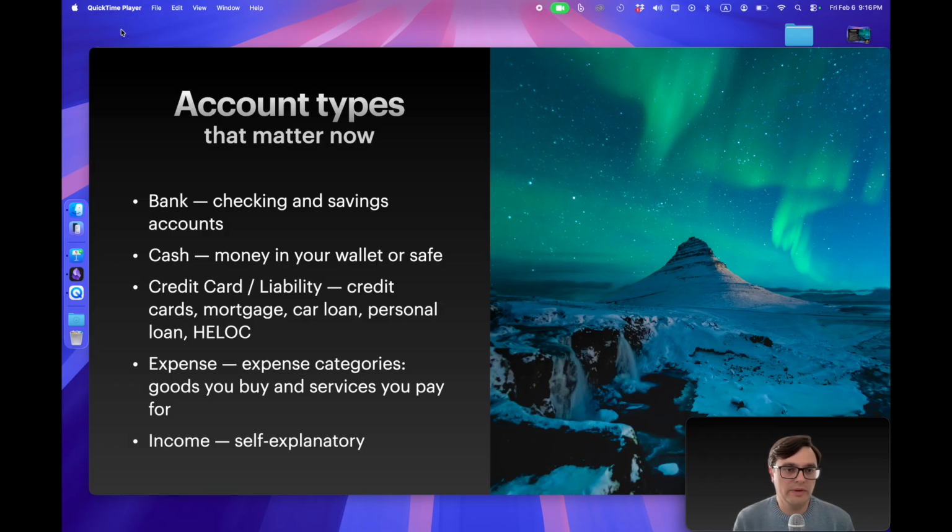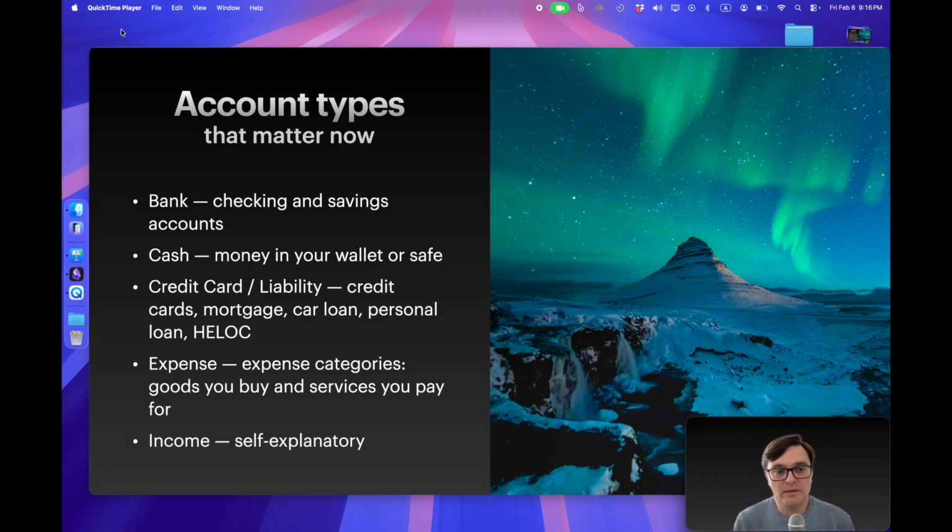A couple of the accounts that are pretty useful for you are the bank and cash account types. Bank is for checking and savings and any kind of depository accounts. Cash is basically money in your wallet if you want to track it, and maybe in a safe if you save the cash in the safe or under the mattress.